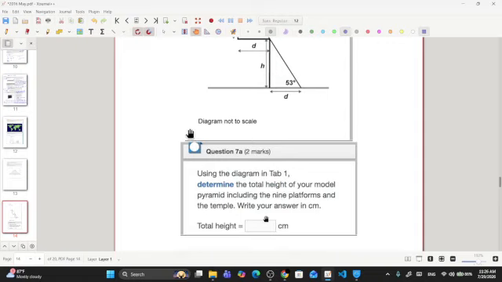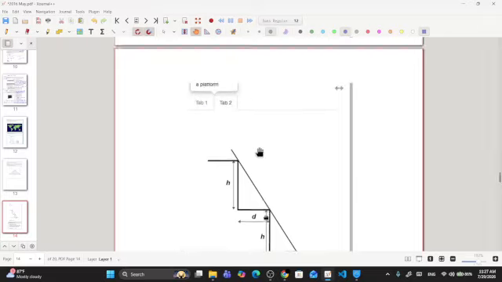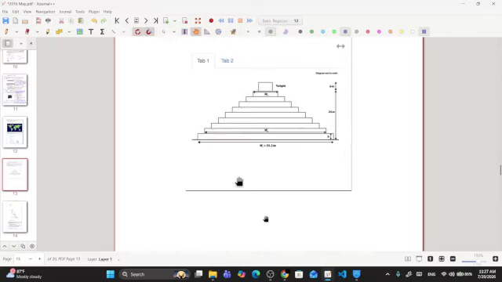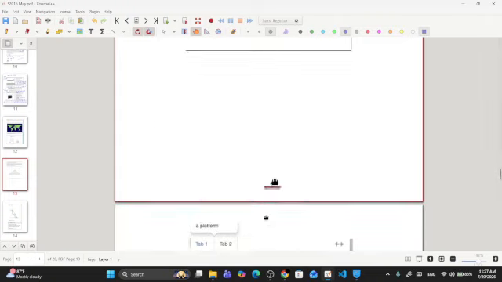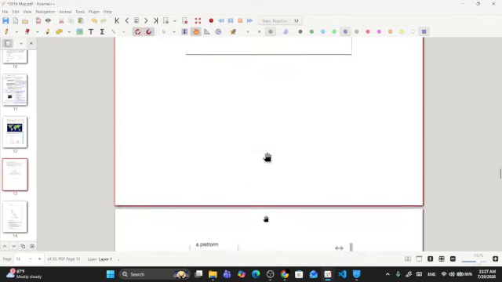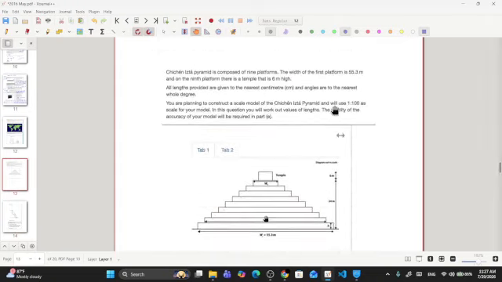So I know that the total height can be written as 24 meters plus 6 meters, that is 30 meters, right? But that's the reality. We have also been given a ratio of 1:100.